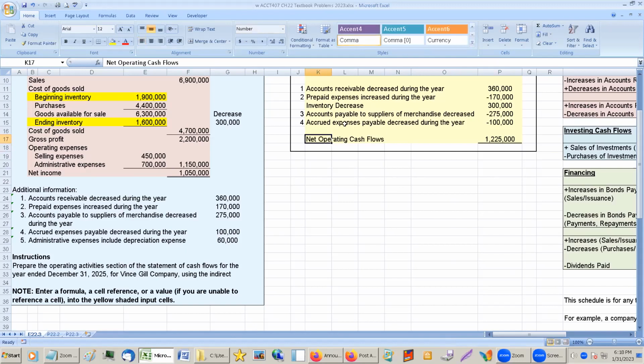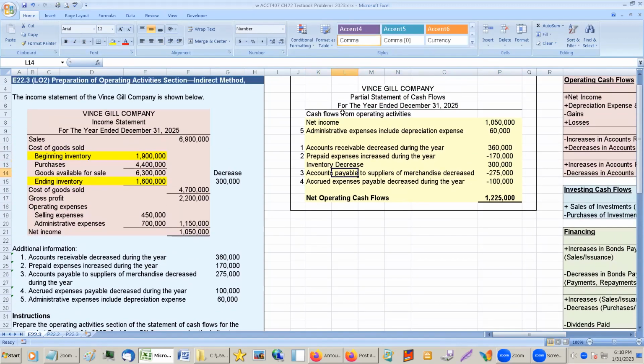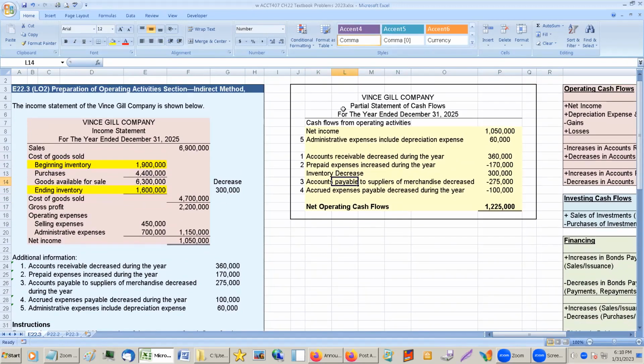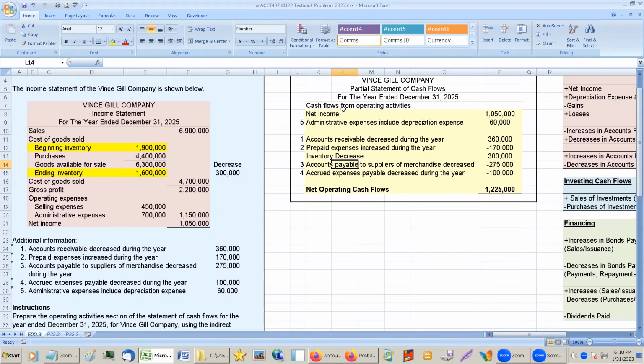So net operating cash flows would be this.